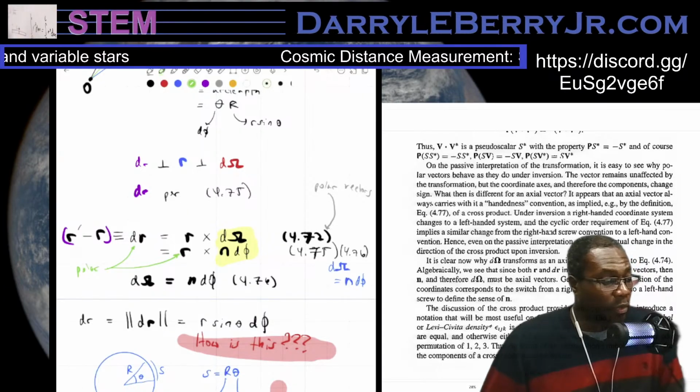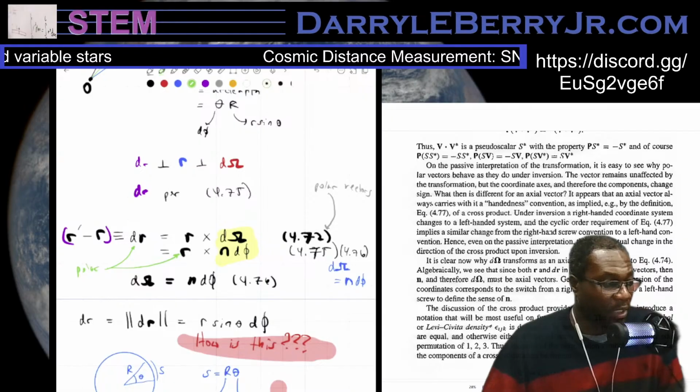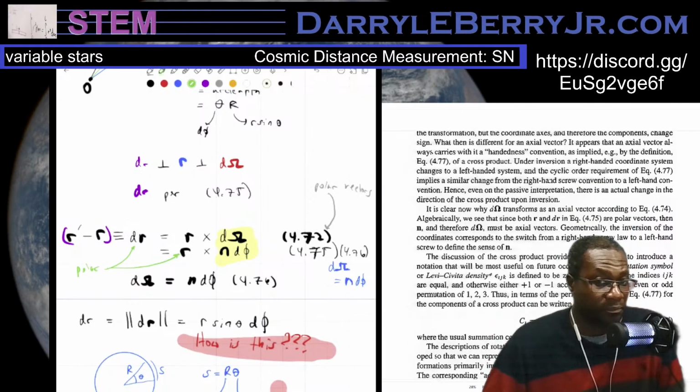Geometrically, the inversion of the coordinates corresponds to the switch from a right-hand screw law to a left-hand screw law to define the sense of n.